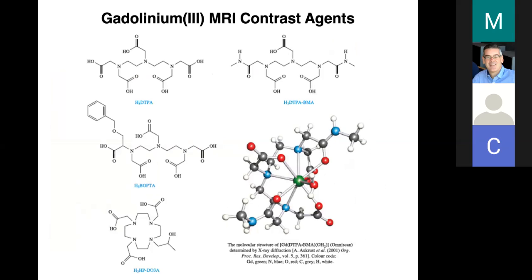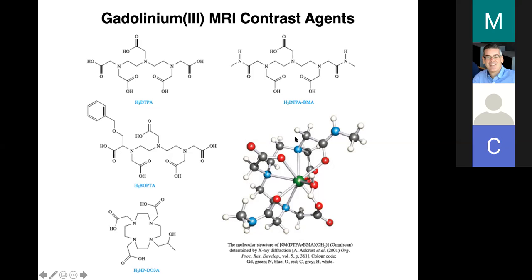A related application, and very important application though, is using lanthanide complexes, particularly gadolinium 3+ complexes, as MRI contrast agents. And so here you see some complex multidentate ligands that were specifically designed to wrap around gadolinium 3+.